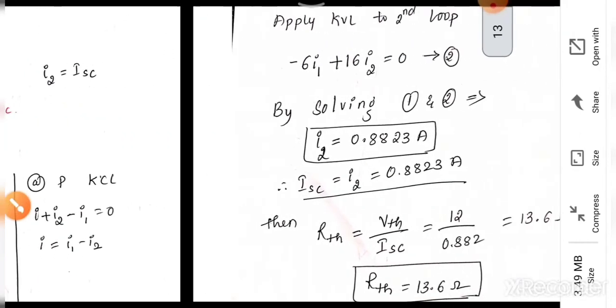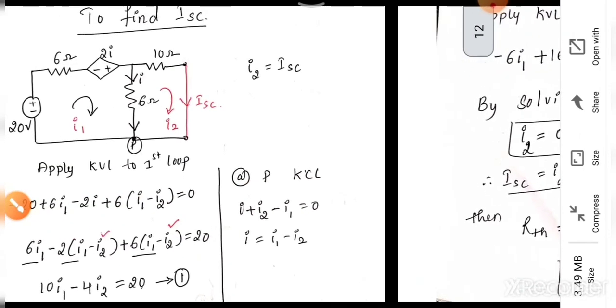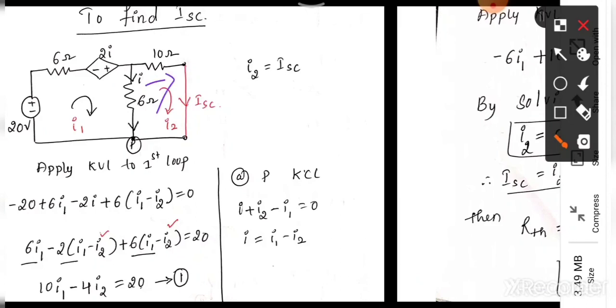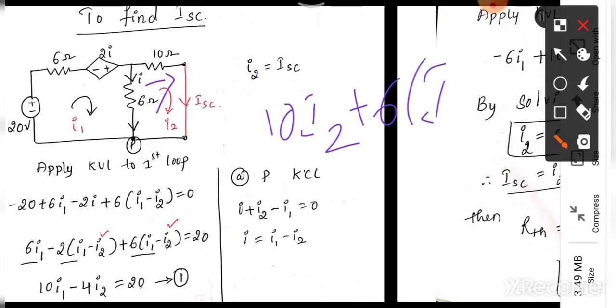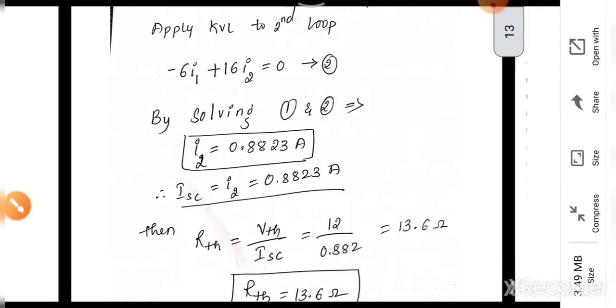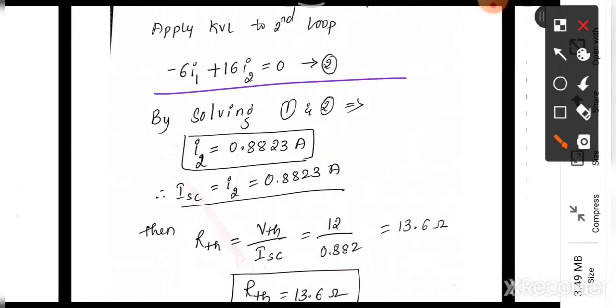Then apply KVL for the second loop. You are in the second loop, so it will be 10I2 plus 6 times I2 minus I1 equal to 0. If you simplify that, it will be minus 6I1 plus 16I2 equal to 0.